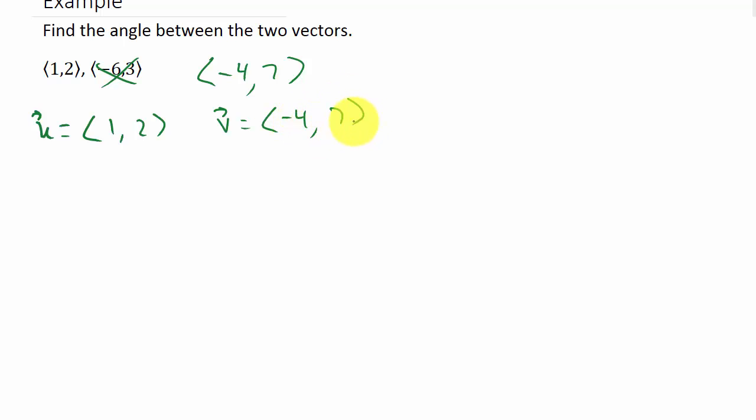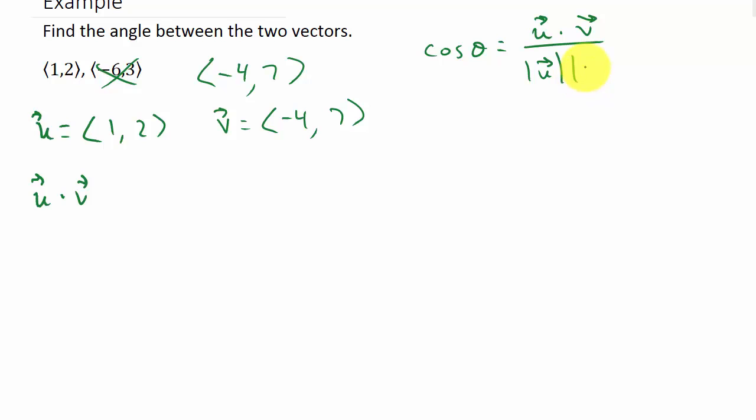Now let's do the dot product of u and v, because remember our formula, cosine theta is the dot product of u and v over the magnitude of u times the magnitude of v.